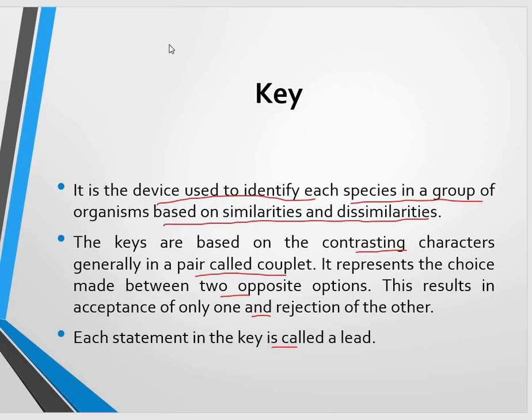So for example, when we categorize the organisms, we start with cell type. Is it a prokaryote or eukaryote? If it is a prokaryote, it belongs to Monera. If not, then there will be 4 choices: Animalia, Plantae, Fungi and Protista.